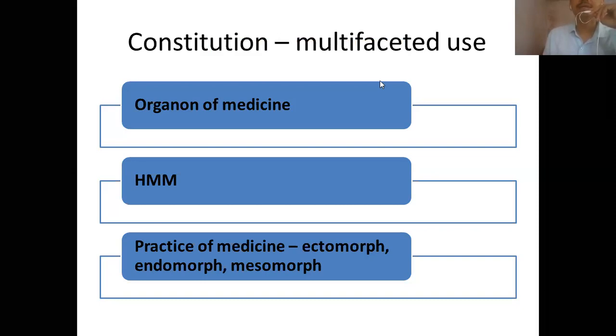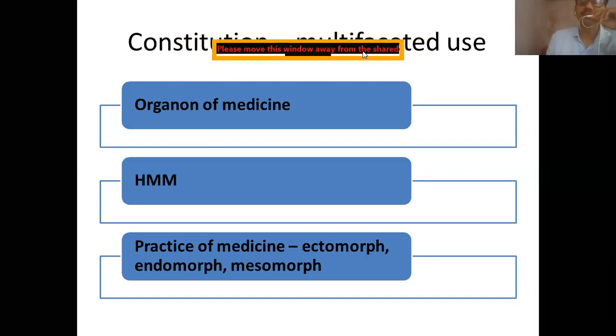Then this word constitution is also used in the practice of medicine, which is also a subject in your second year. This subject uses this terminology with respect to ectomorph constitution, endomorph constitution, or mesomorph constitution.